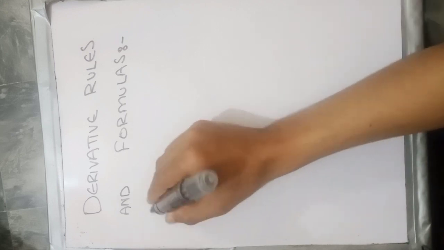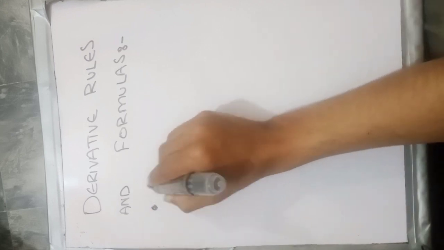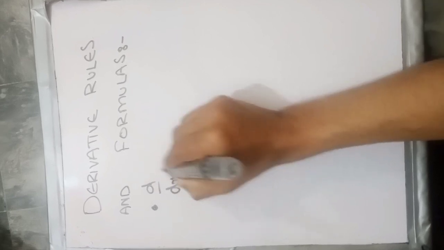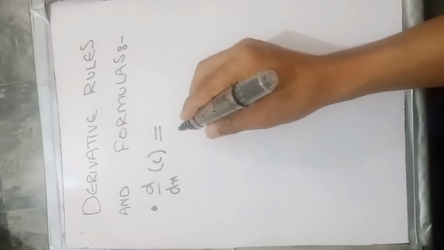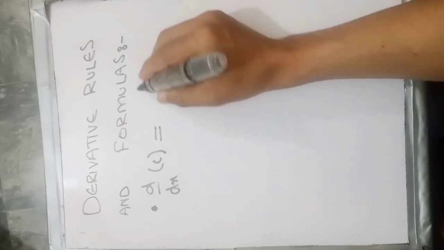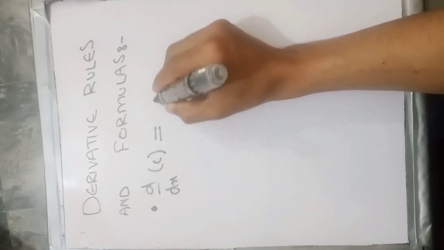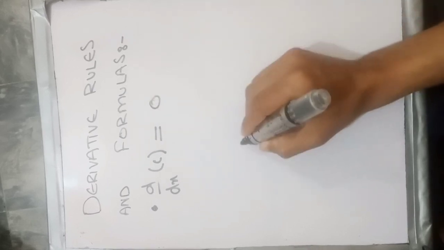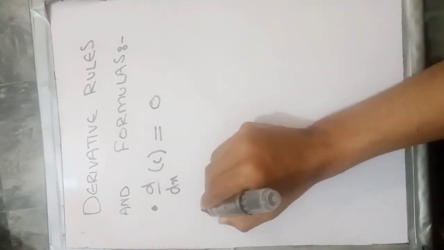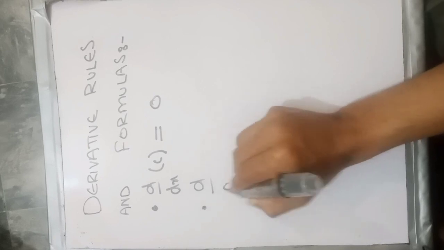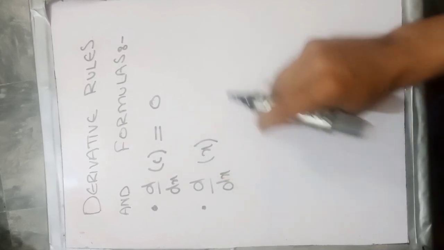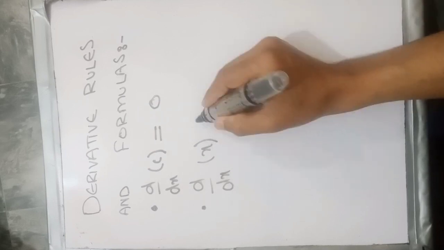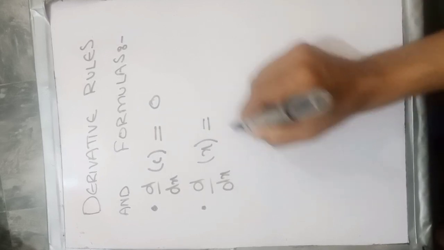First of all, you have to know about the derivative of a constant function, and you have to remember that constant functions have no change, so the derivative of a constant function is 0. And if we want to check the derivative of the algebraic function x, then it will be 1.